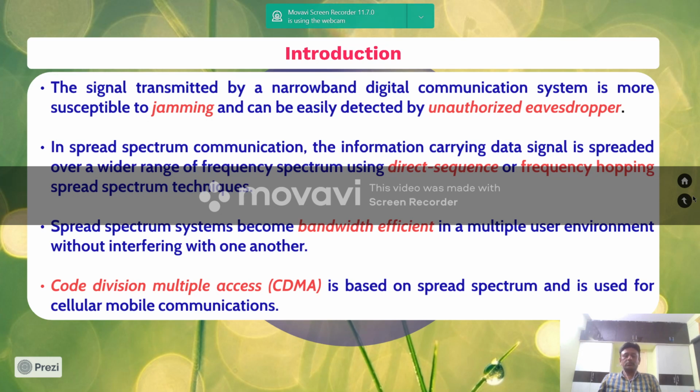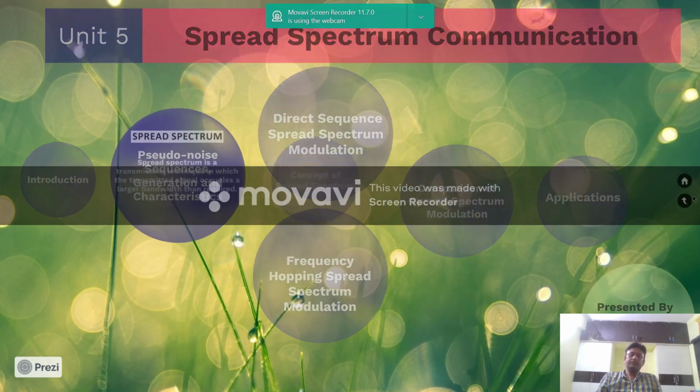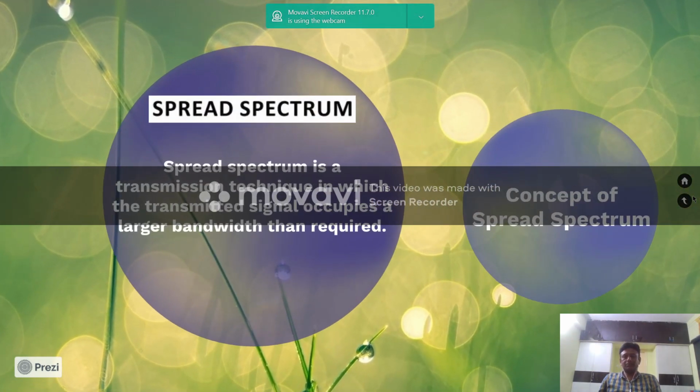So a spread spectrum system becomes bandwidth efficient in a multiple user environment without interfering with another. And CDMA is one of the best techniques, mainly based on spread spectrum, which is used for cellular mobile communications.